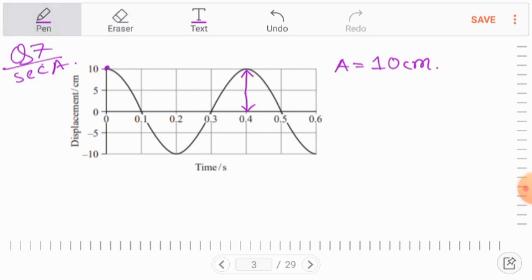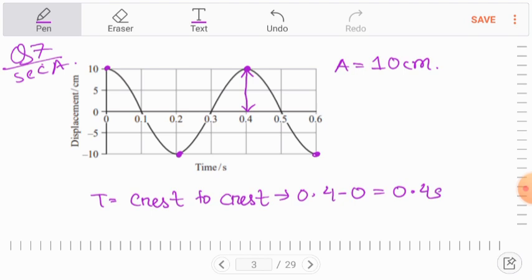From crest to crest, the time period for this wave is 0.4 minus 0, which gives 0.4 seconds.